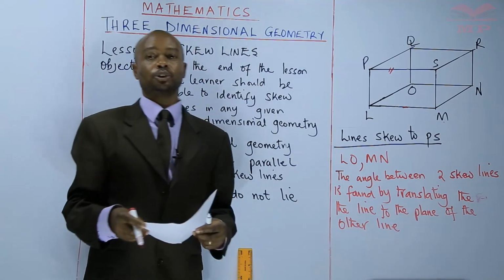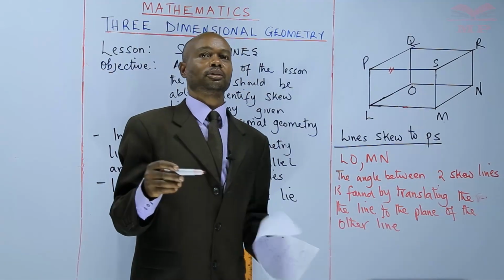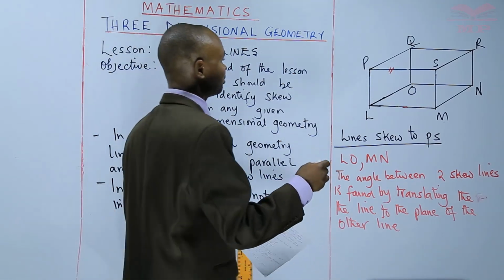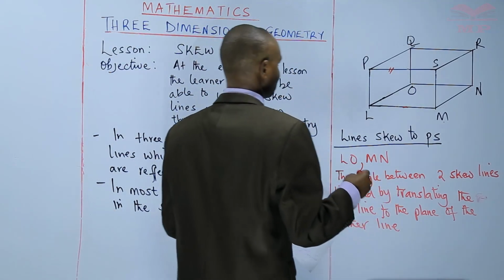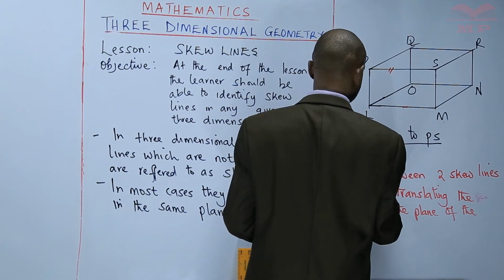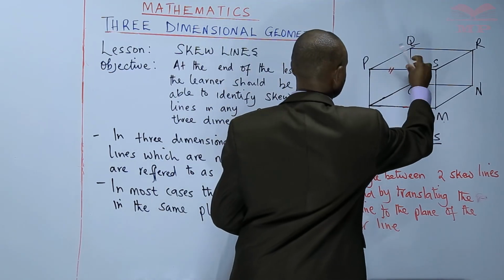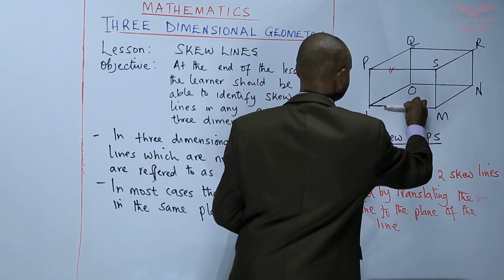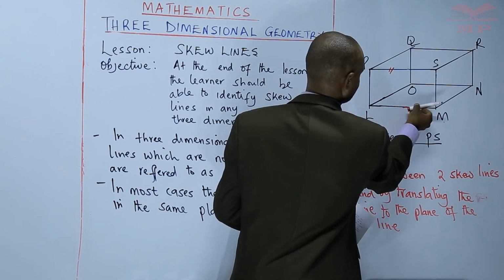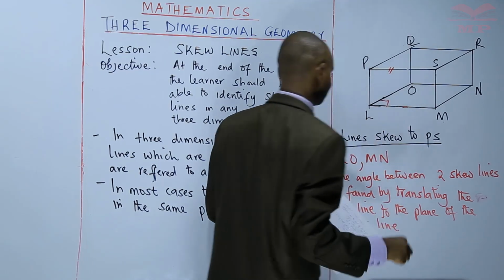The angle between two skew lines is found by translating one line to the plane belonging to the other line. If I have PS, which is skew to LO, I'll translate it down to that plane and it will come and be patched to LM. So you'll find that is the angle.